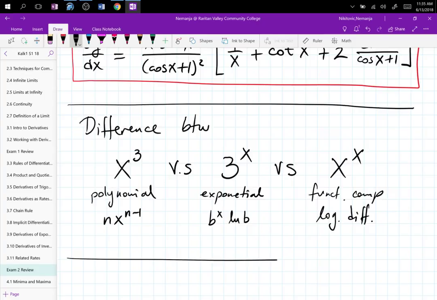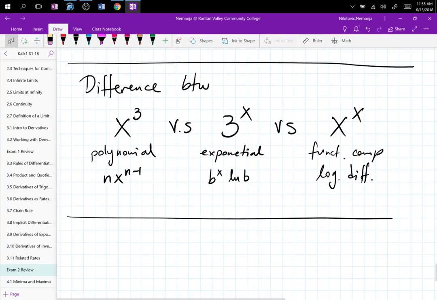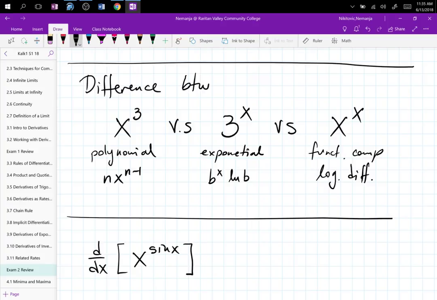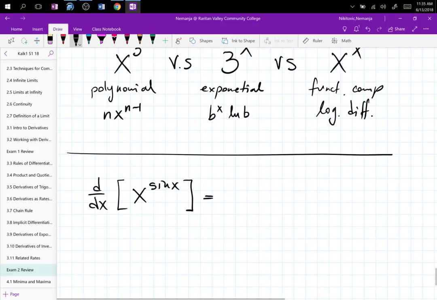So the question was, you will hopefully study those. The question was, what would you do if you have to find the derivative of x raised to the sine x? What do we do? Well, logarithmic differentiation to the rescue.